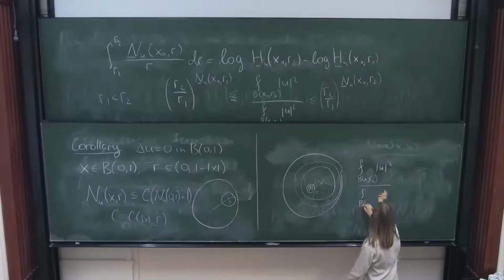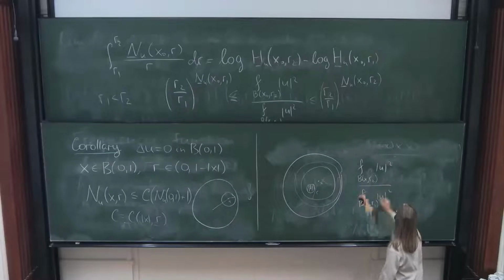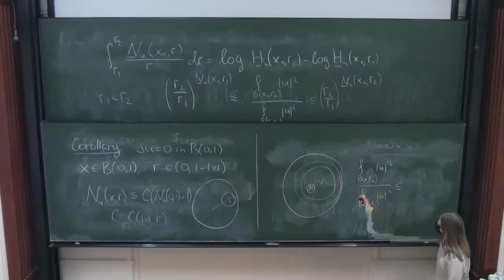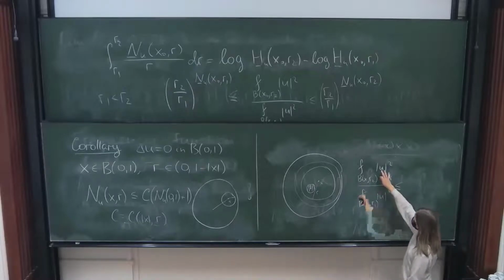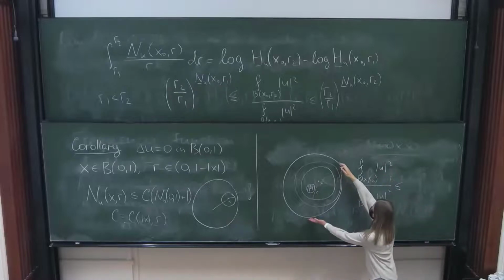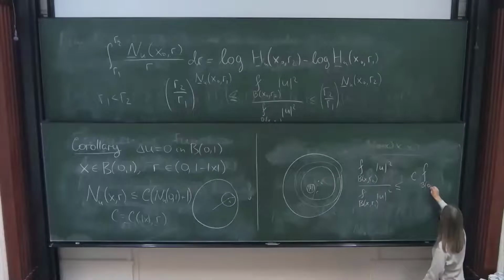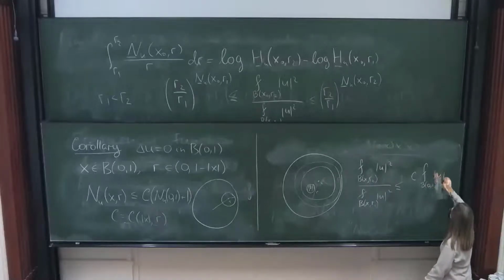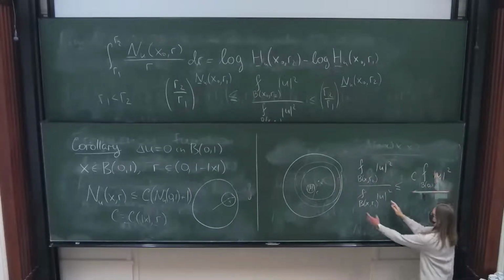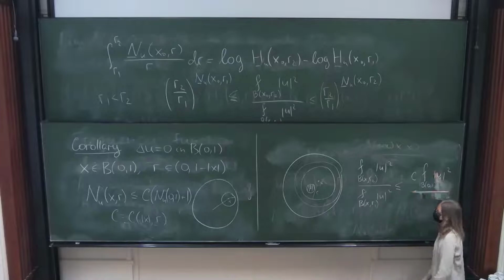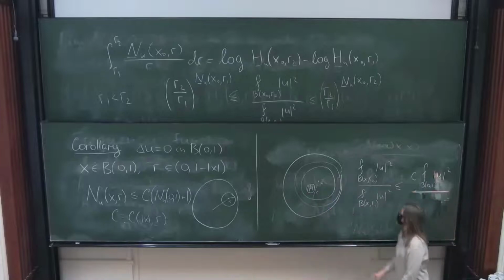So the larger ball is contained in the original ball. And the smaller ball contains a small ball around the origin.